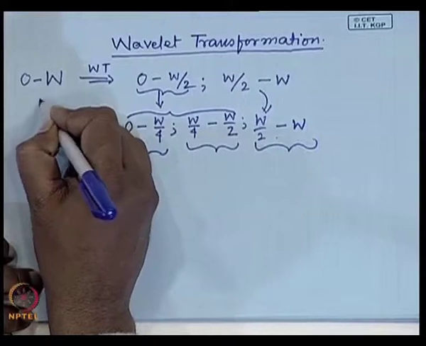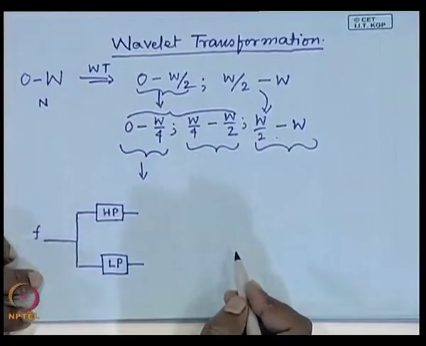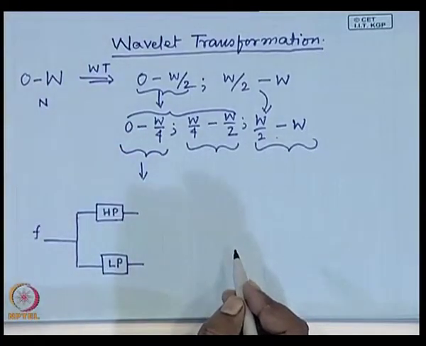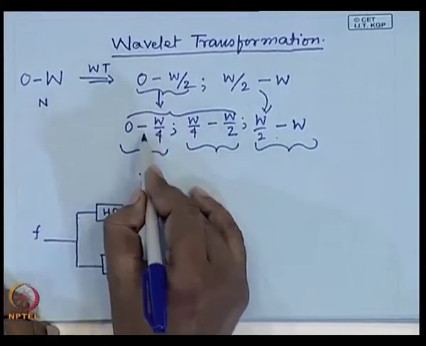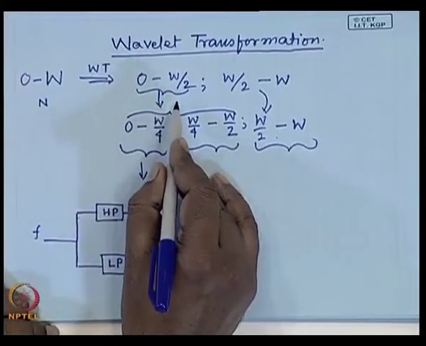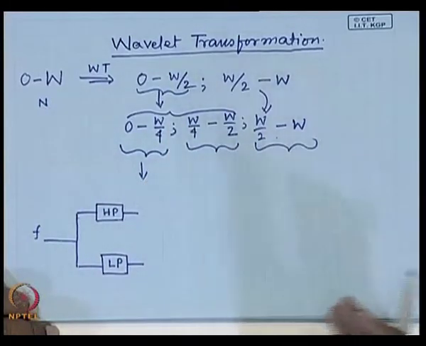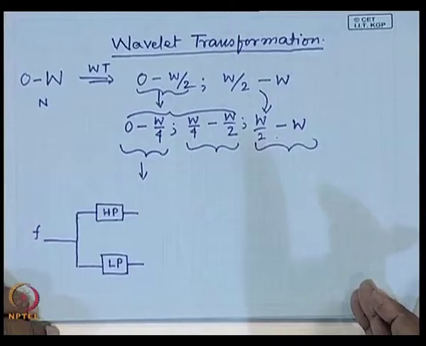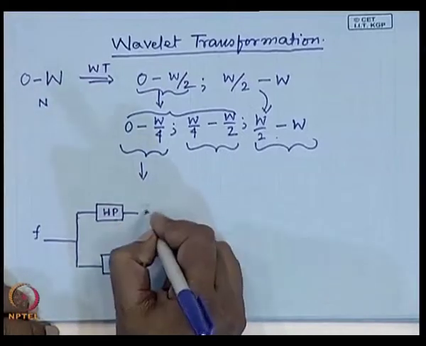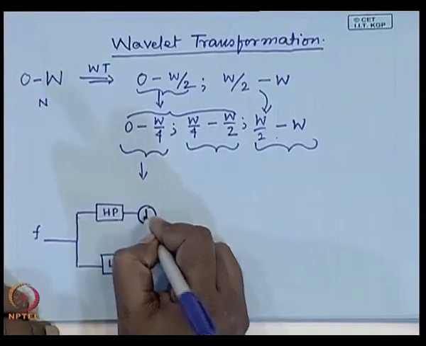So, if I have a total of n samples to represent this particular signal, now because I am reducing the bandwidth to W by 2, following the Nyquist sampling rate, my sampling frequency comes down by a factor of 2. So, I do not have to retain n samples, but by using n by 2 samples, I retain the same information. So, similarly here, there is a concept of subsampling by a factor of 2.